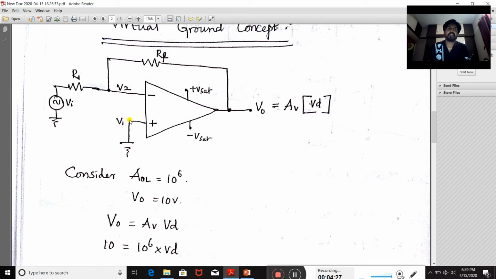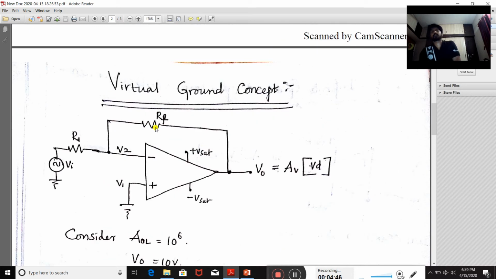That is the meaning of the virtual ground concept. Physically it is not connected to ground, but virtually it acts as if connected to ground, and this V2 value will be considered 0. If V1 is 0, then V2 is also 0. This is the virtual ground concept.